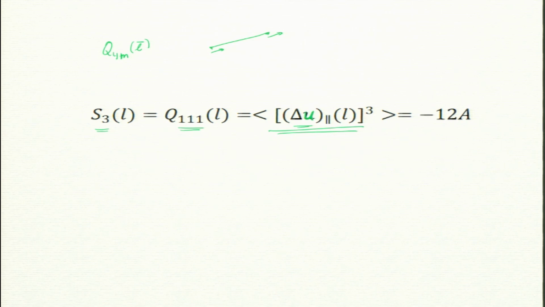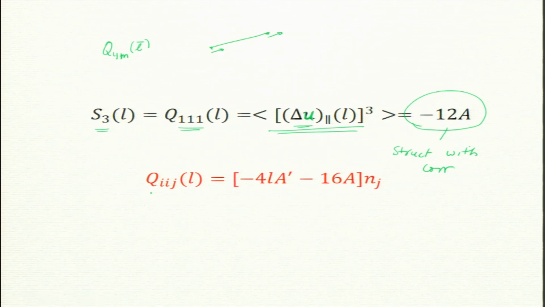Now it is connected with A. Remember, the third order correlation function had A, D, F. Now this I will not prove, but this is equal to minus 12A, because see the connection: the structure function is connected with the correlation function, and the correlation function is a function of A. So that is how it comes, minus 12A. This is a connection of structure with correlation. This I will not be able to do, it is too much algebra here.